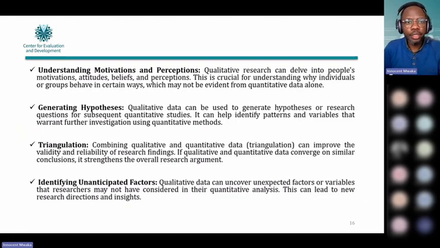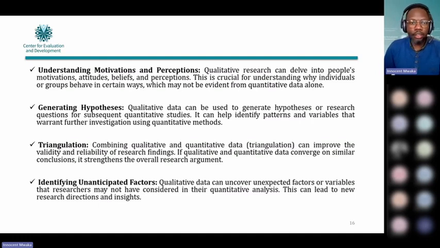We can use it to understand different motivations, also help in generating hypotheses or research questions and subsequent quantitative data, identifying unanticipated factors. So in some cases, the unintended outcomes might not easily be part of the questionnaire. But in the narratives, you might eventually identify several unintended outcomes, which can be positive or negative.